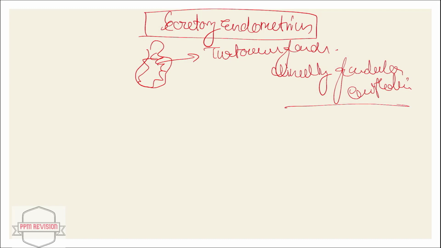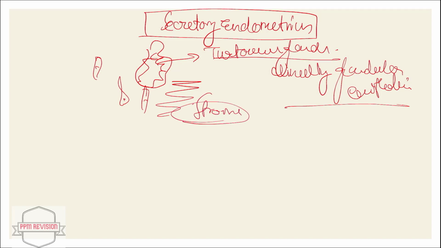There's also the stroma as usual, with some cells here. The structure as I drew it is not perfect, but it's a tortuous gland lined by glandular epithelium. So this is nothing but the secretory endometrium.